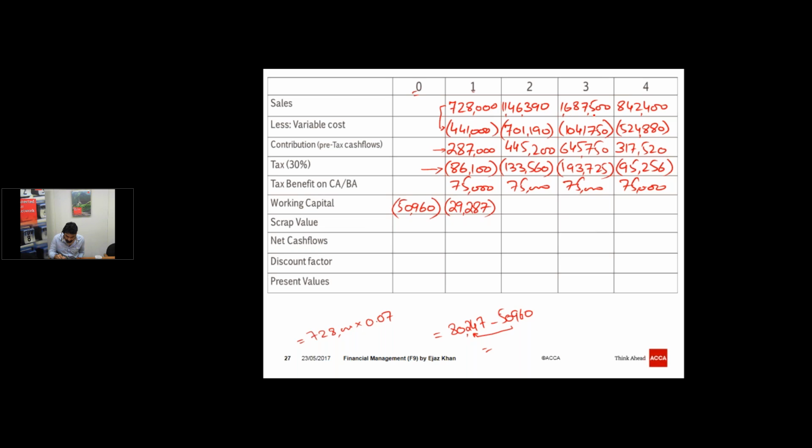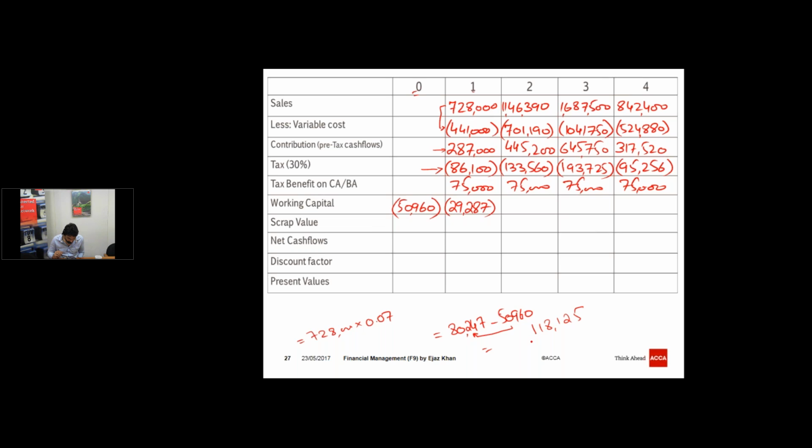It's 1687500 into 0.07. Just multiply, just take 7% of the year three sales figure. Okay, thank you. What's the figure for year three? Is it 118125?